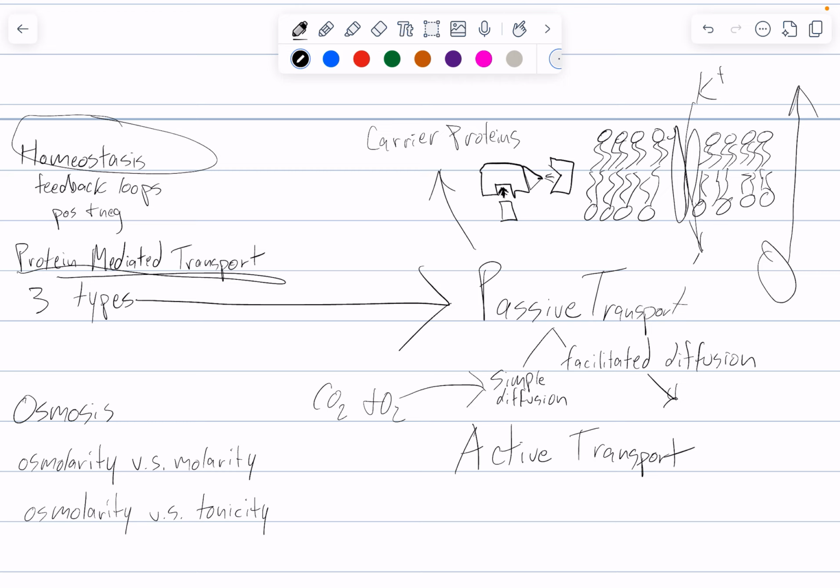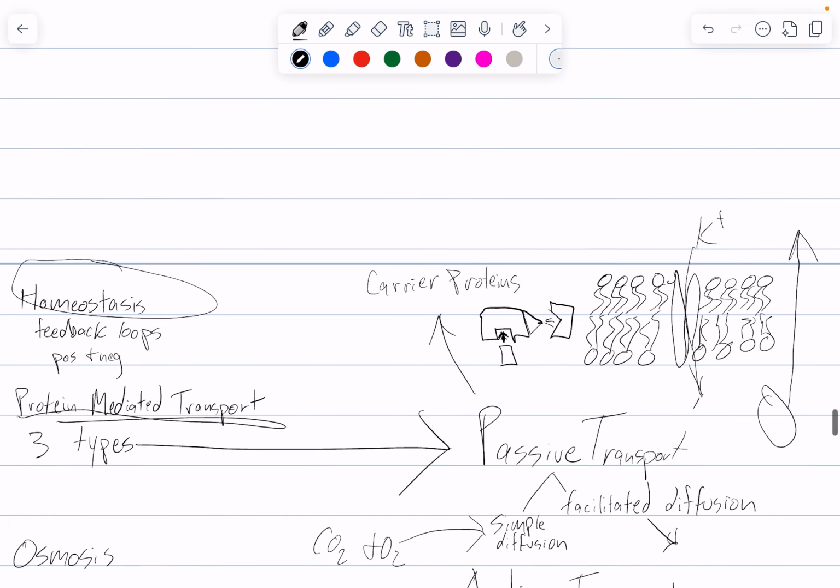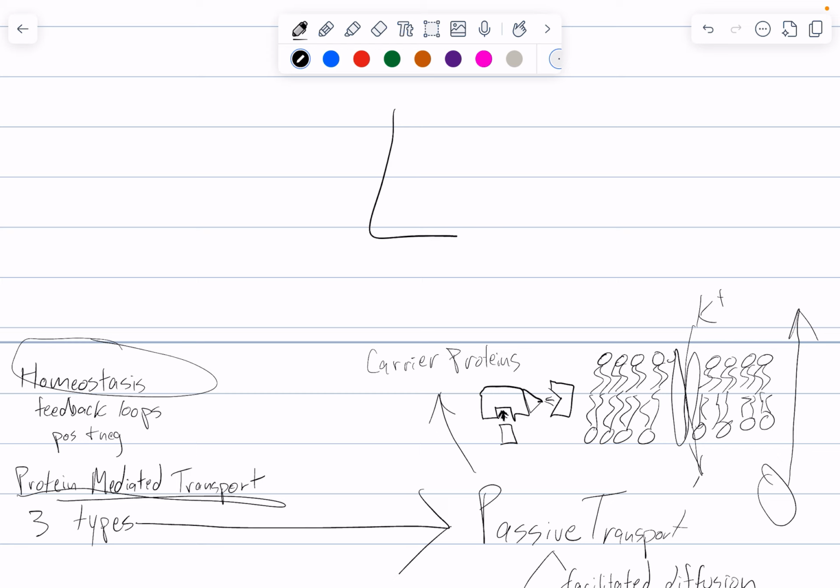Oh, saturation. So saturation is when, let's say, you have a certain amount of cells trying to get, a certain amount of molecules trying to get through the membrane. But there's only a certain amount of doors for it to get through.